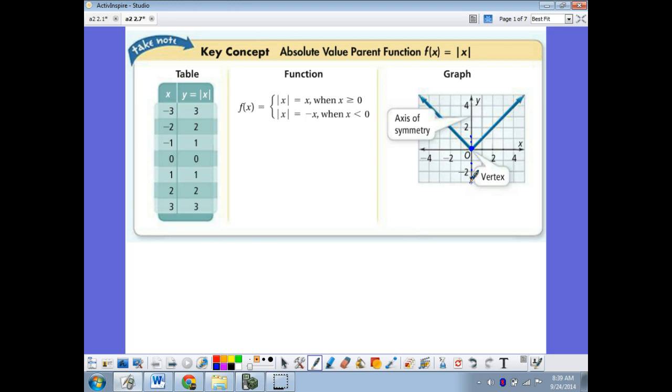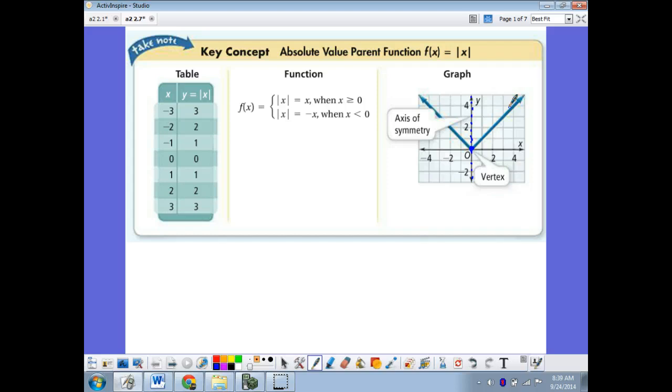And a lot of you have heard the term symmetry before, and what symmetry basically means is mirror image, that each side of this graph is the mirror image of the other. Okay?